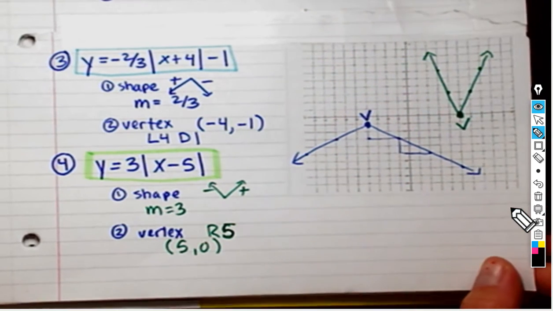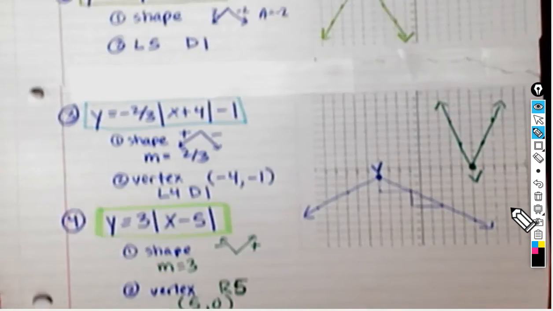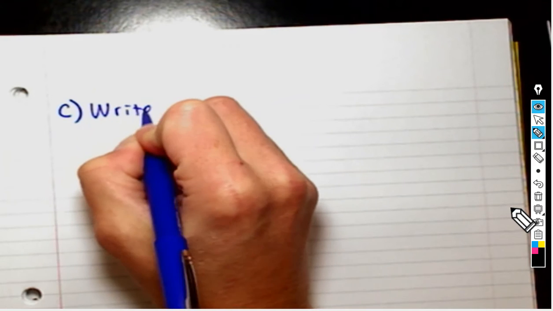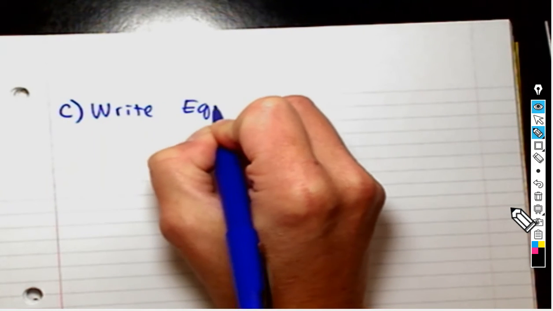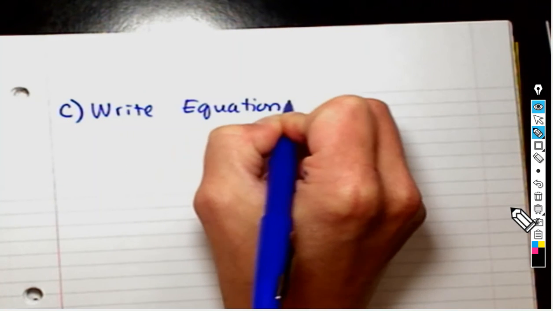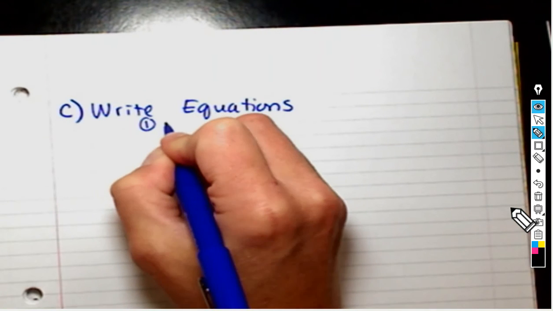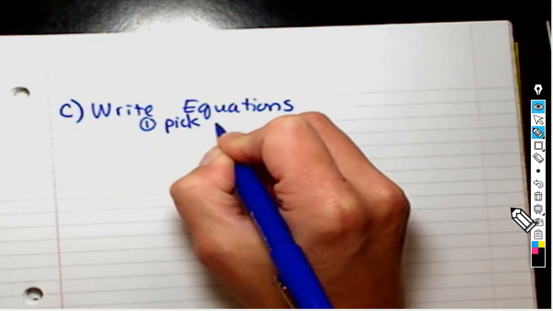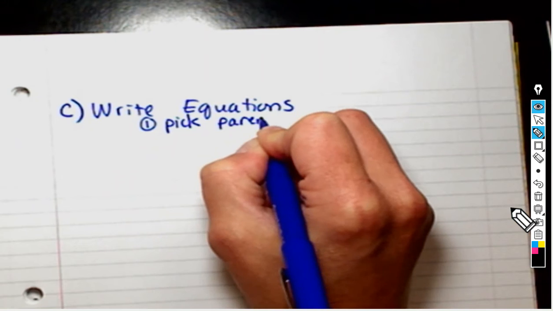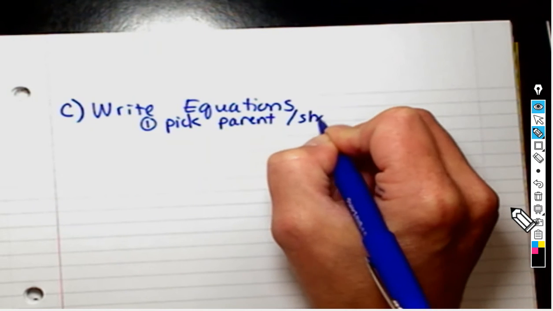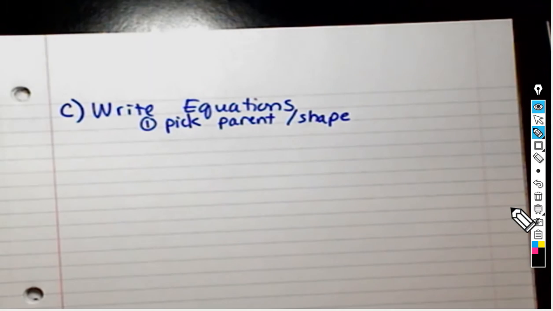Okay, you guys ready? Okay, this time we are going to move on from transformations, and we are going to write equations. How do you write equations? Pick the parent, and in this case, the shape, right?